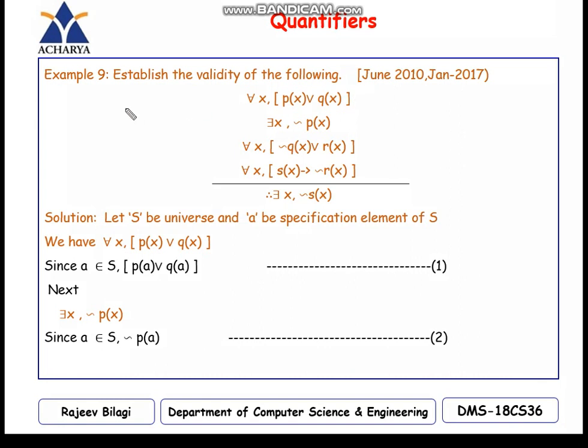Okay, similarly we'll solve one more problem. For all x, p of x or q of x, then negation of for some x, negation of p of x, then for all x, negation of q of x or r of x, and for all x, s of x, then negation of r of x, then therefore for some value of x it is negation of s of x.